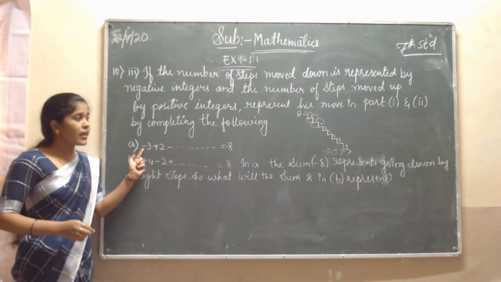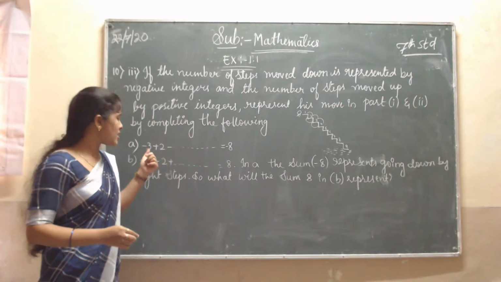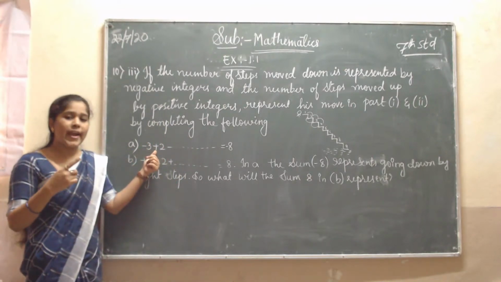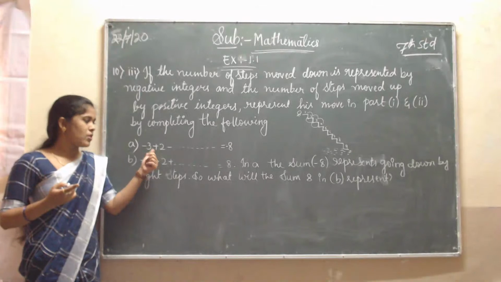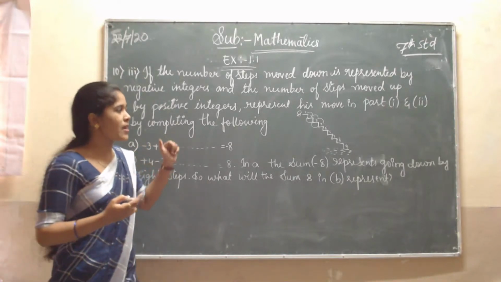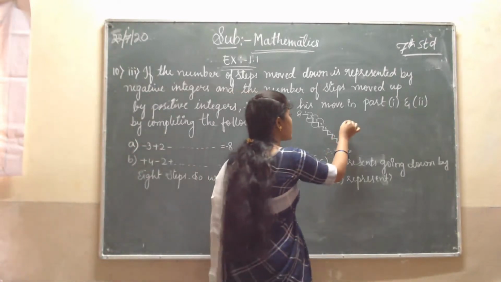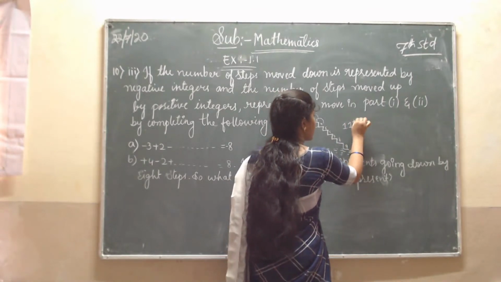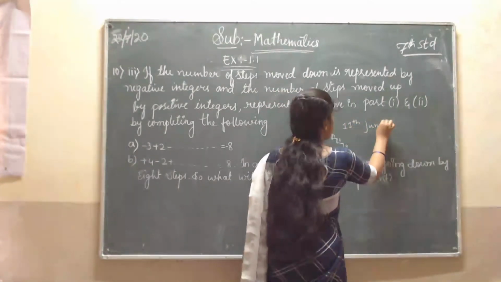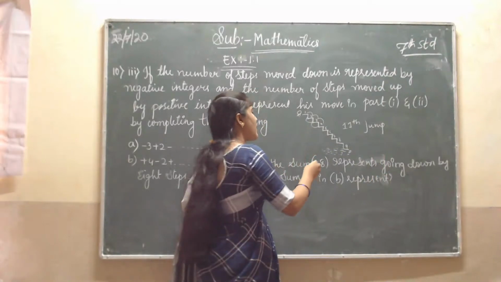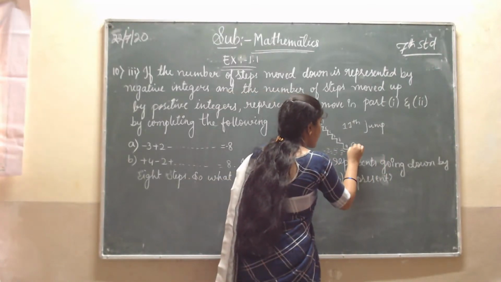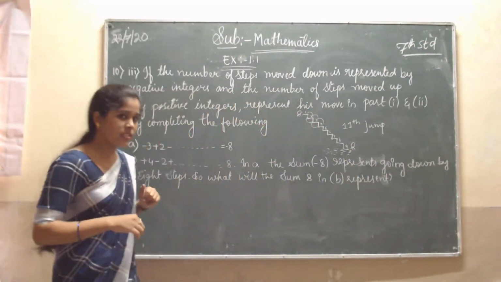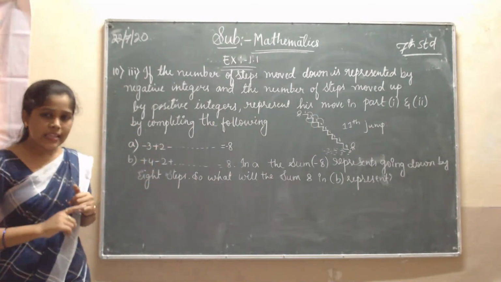So he jumps 3 steps down, then 2 steps up: minus, plus, minus, plus. At the 11th jump, the monkey is on the 9th step.